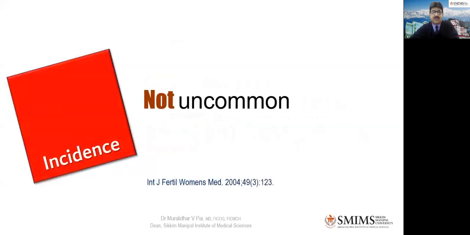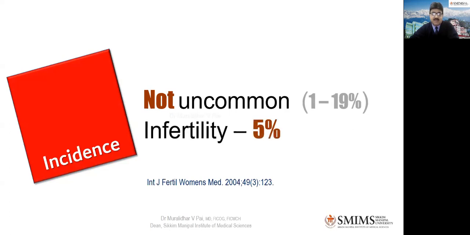Incidence, not uncommon, I would say. At the same time, not very common as well. This is the tricky language that is used in most of the textbooks to say one which is not very common, at the same time not very rare, not uncommon. 1 to 19%. As you can see, the incidence varies from place to place depending upon the endemicity of it.